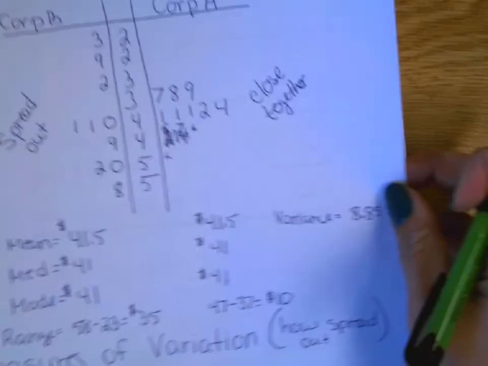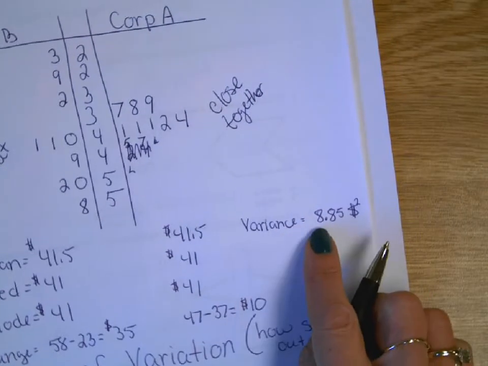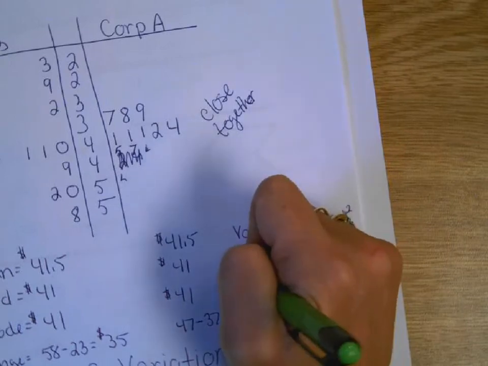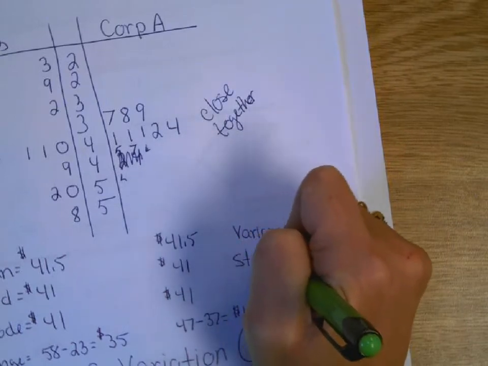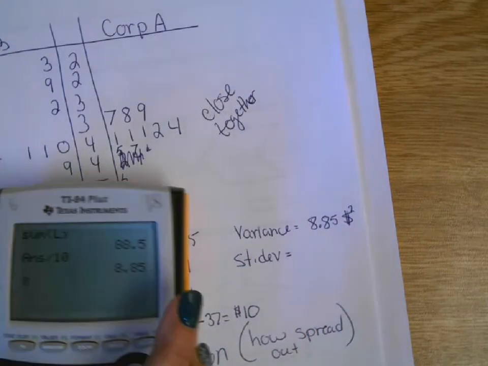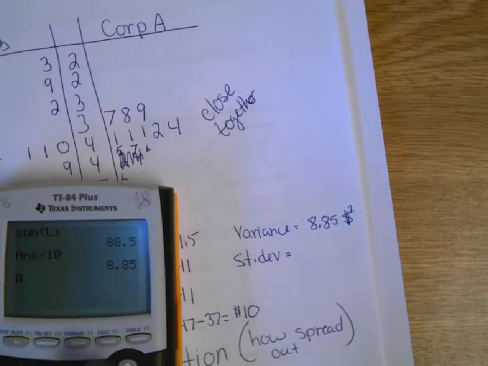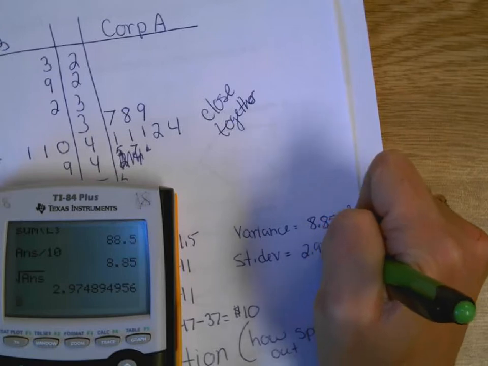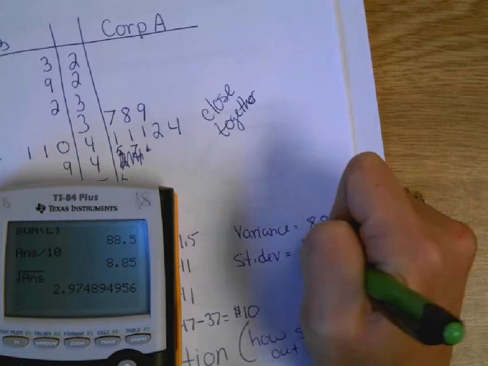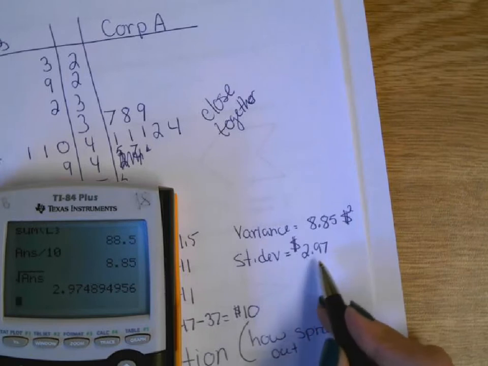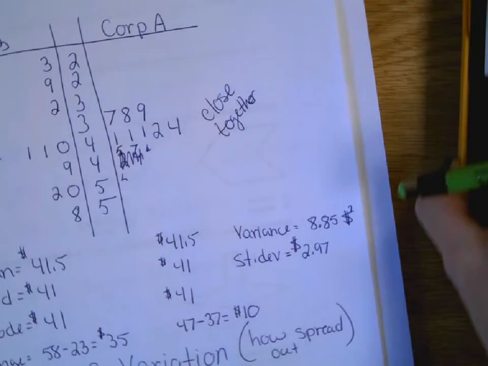So, if our variance is 8.85 thousands of dollars squared, the standard deviation is the square root of that, $2.97 thousand. Okay, pretty small number when we compare it to what I'll get on Corporation B.